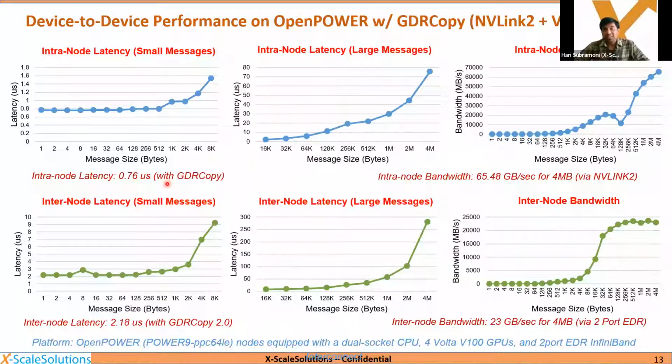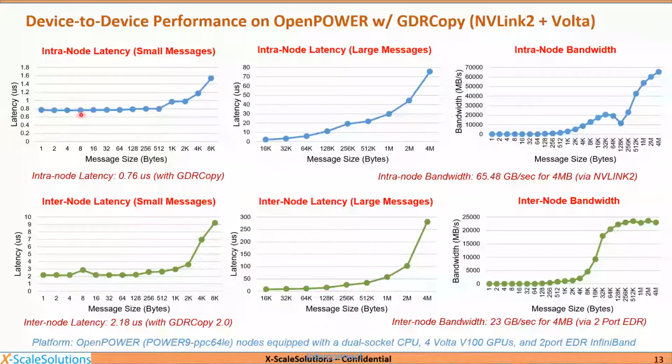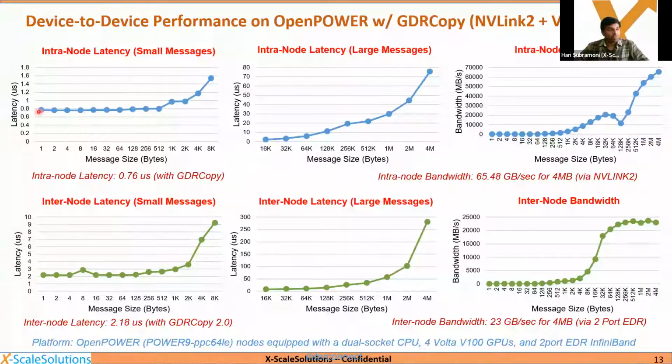So there are 16 different options to move the data from device on one node to device on another node. If you use the correct paths, then you will get almost 0.8 to 1.8 microseconds for intra-node device-to-device transfers to inter-node device-to-device transfers. And that's what we are trying to highlight here.